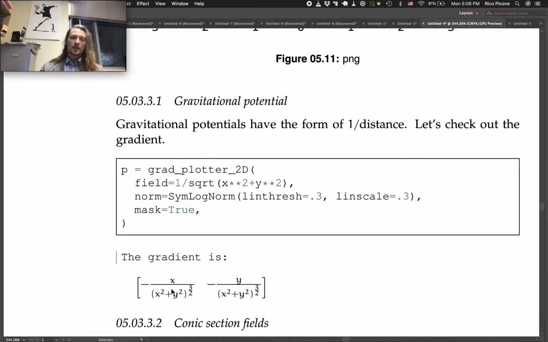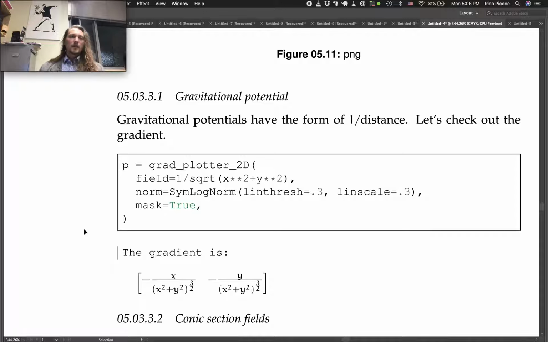Okay, the next one we'll consider is the gravitational potential. The Newtonian gravitational potential has the form of 1 over the distance between the two masses, or from the center of one of the masses. Let's check out the gradient.